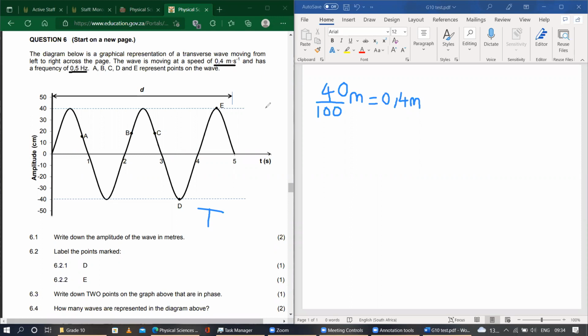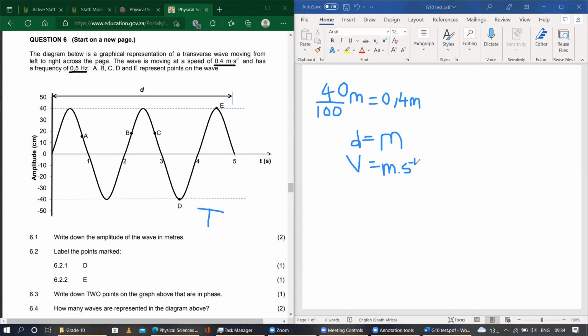So if they say give the amplitude, you should know that anything that involves distance is going to be in meters, and anything that involves velocity, you have to state in meters per second, unless your teacher states otherwise.